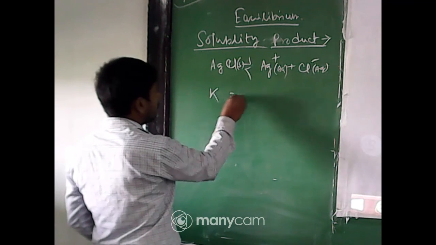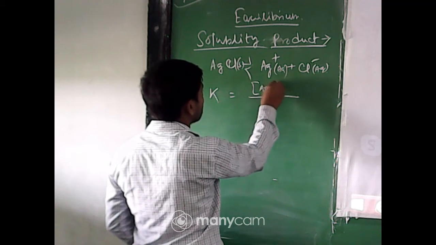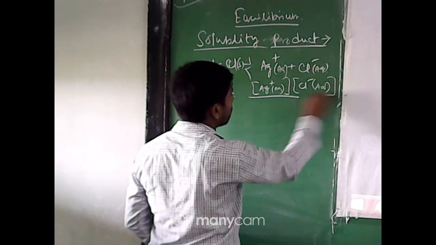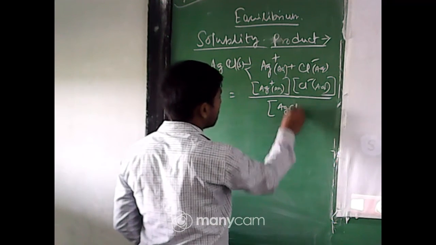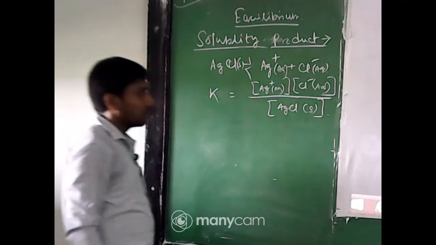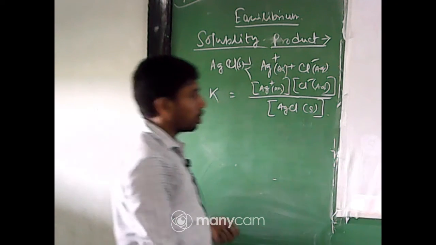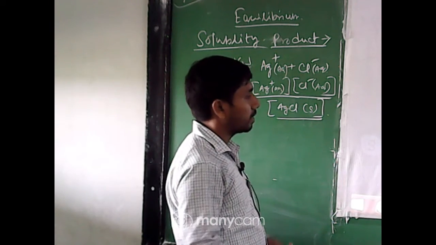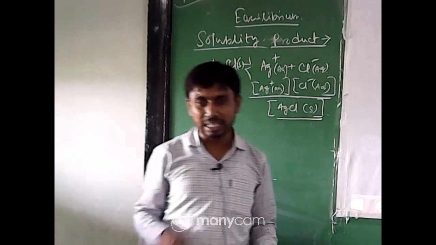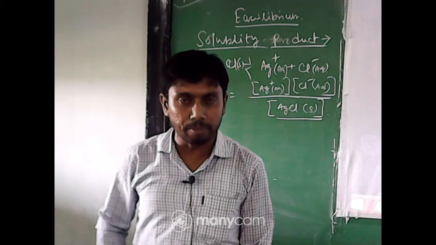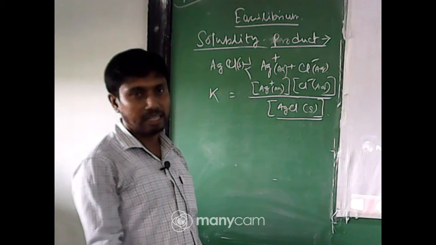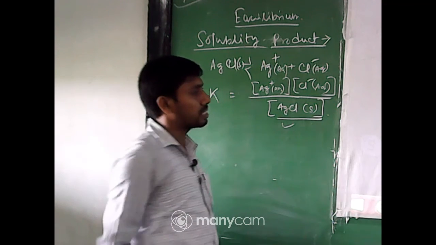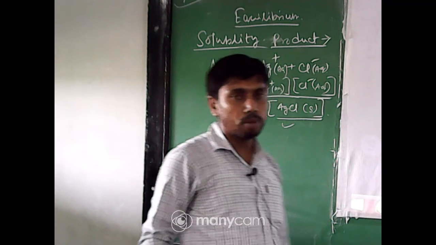Now K is equal to the concentration of the products, Ag plus aqueous and Cl minus aqueous, divided by the concentration of AgCl solid, right. As it is a sparingly soluble salt, the concentration of AgCl at the initial time, when t was 0, and when the reaction attains equilibrium, is almost the same.